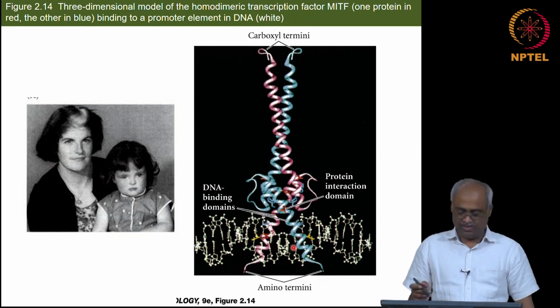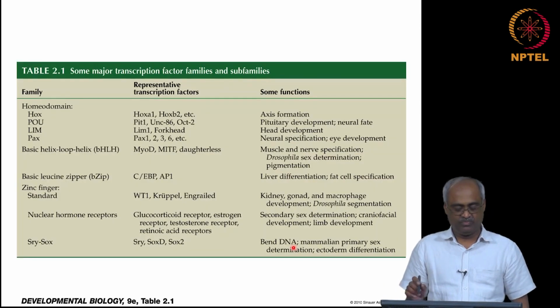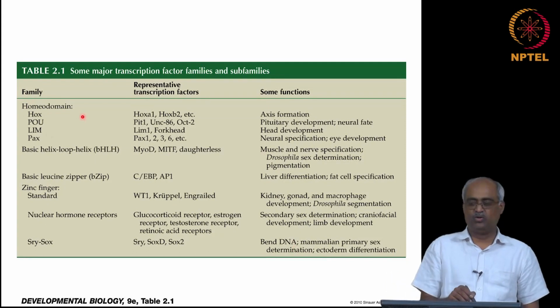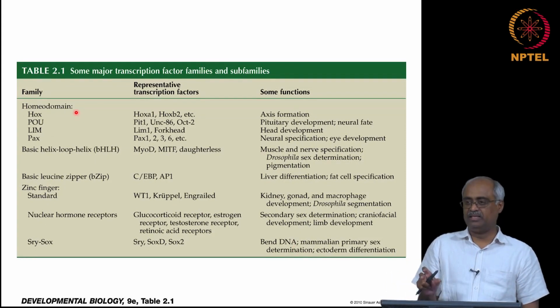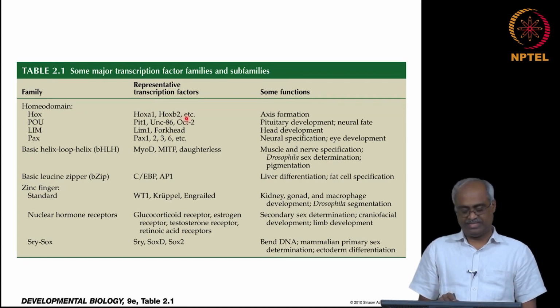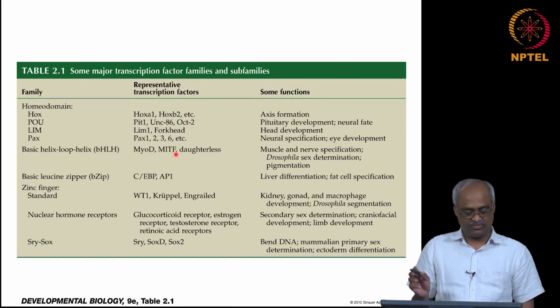To give you an idea, we will look at some of them in a table which is there in the book, like the homeo domain. That is a particular DNA binding domain that is conserved and present in these proteins listed here. Okay, we will see the Hox proteins in detail several lectures later from now.